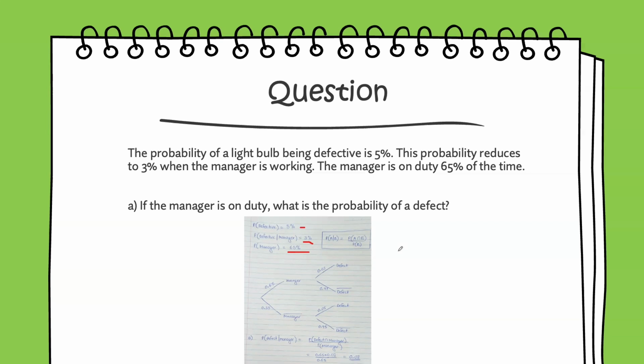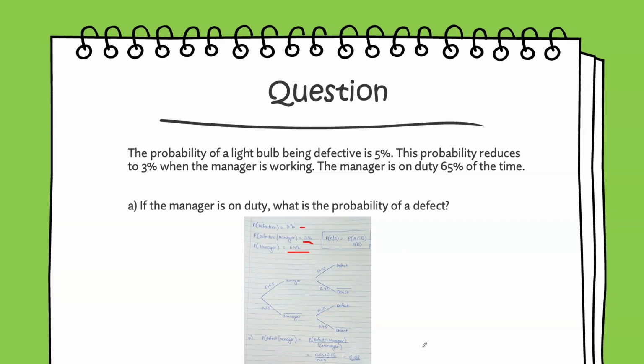Now, to make this question easier for ourselves, it would be good to draw a tree diagram, right? We've got a multi-event situation with a condition happening. So wherever possible, if there aren't too many events, we can try drawing tree diagrams.